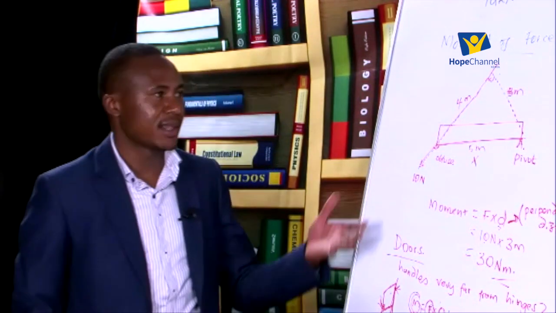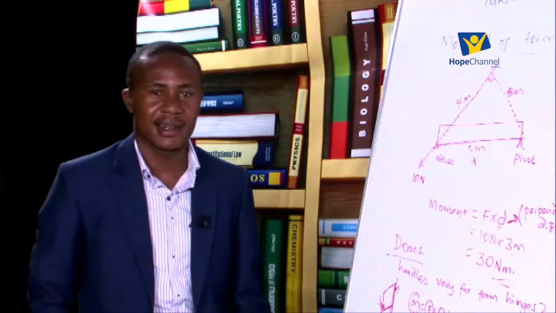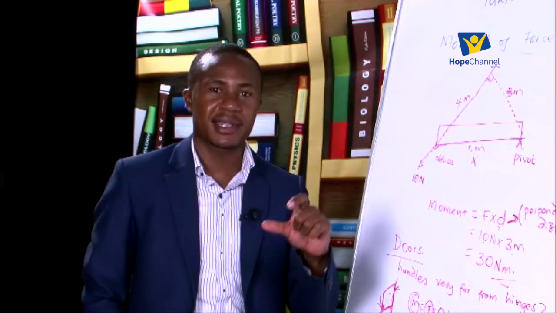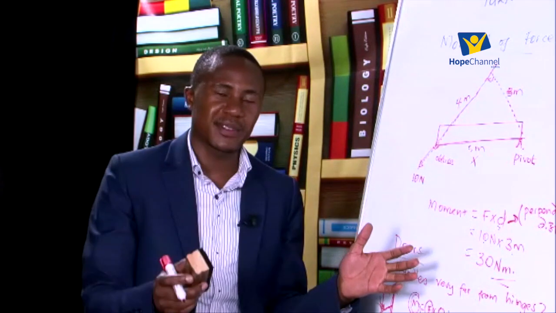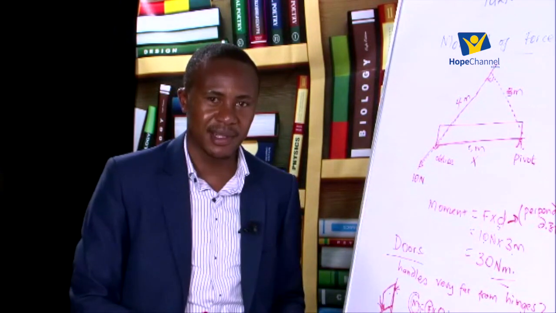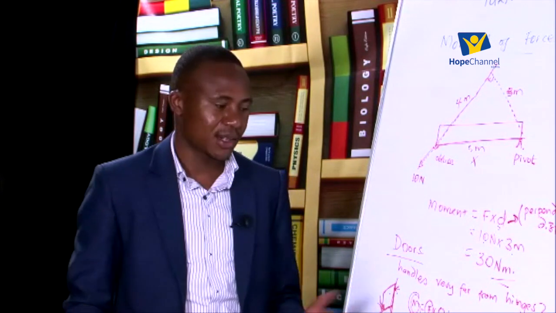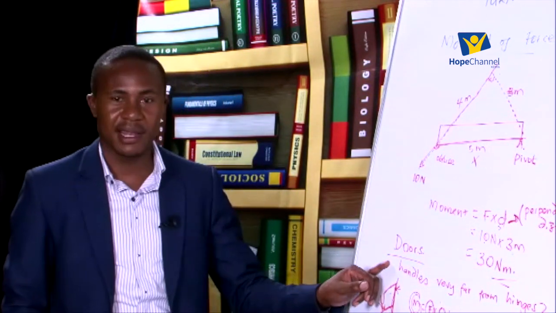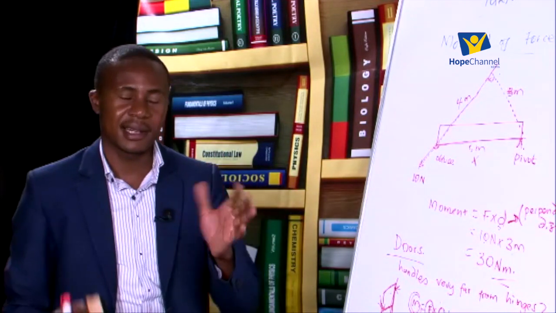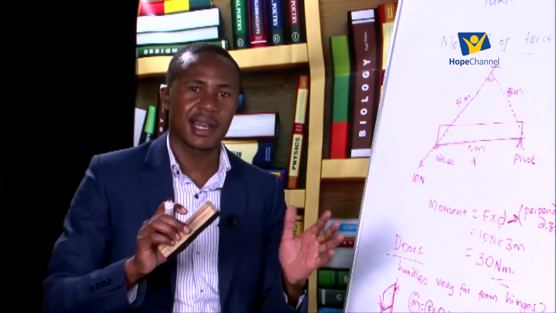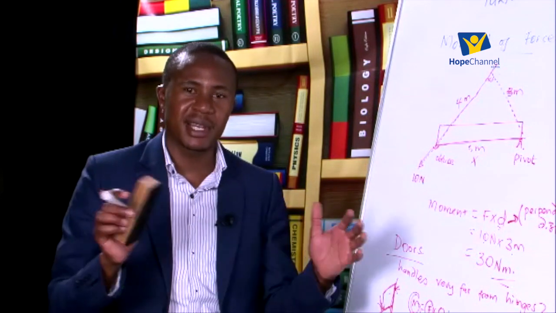We were talking about the moment of a force, and we discussed and realized that the moment of force is the product of force and the perpendicular distance between the point of support and the line of action of the force. So we looked at an application of it in the case of the doors and the windows. We realized that the distance between the hinges and the handles is as big as possible.